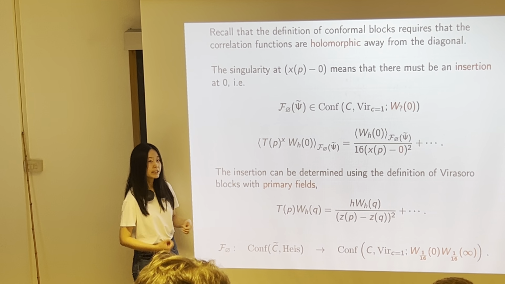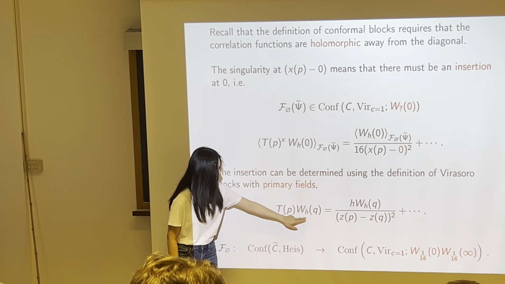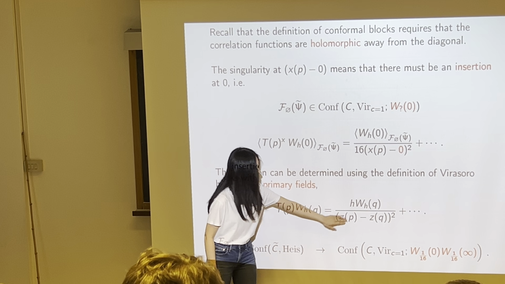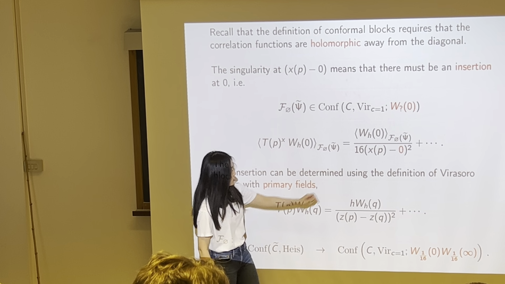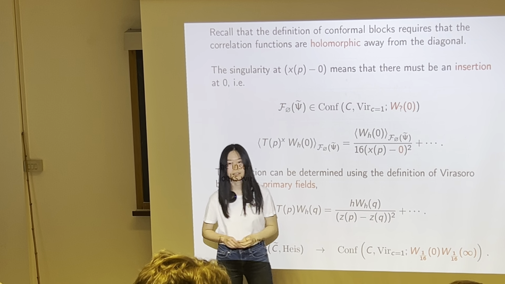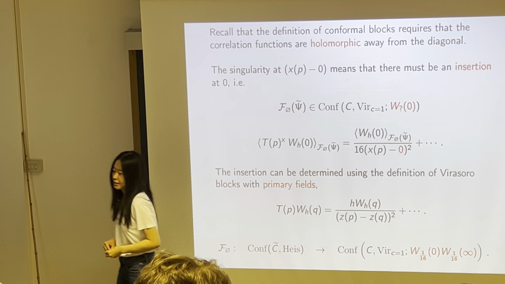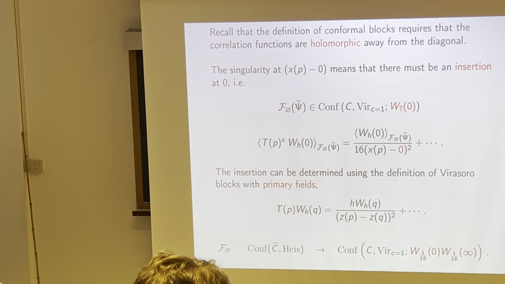And this singularity behavior is determined by the OPE between T_p and W_h. And from this expression, we can actually read what is the weight of this primary field that is appearing at this point 0. And this is just given by the coefficient, which is just 1/16.